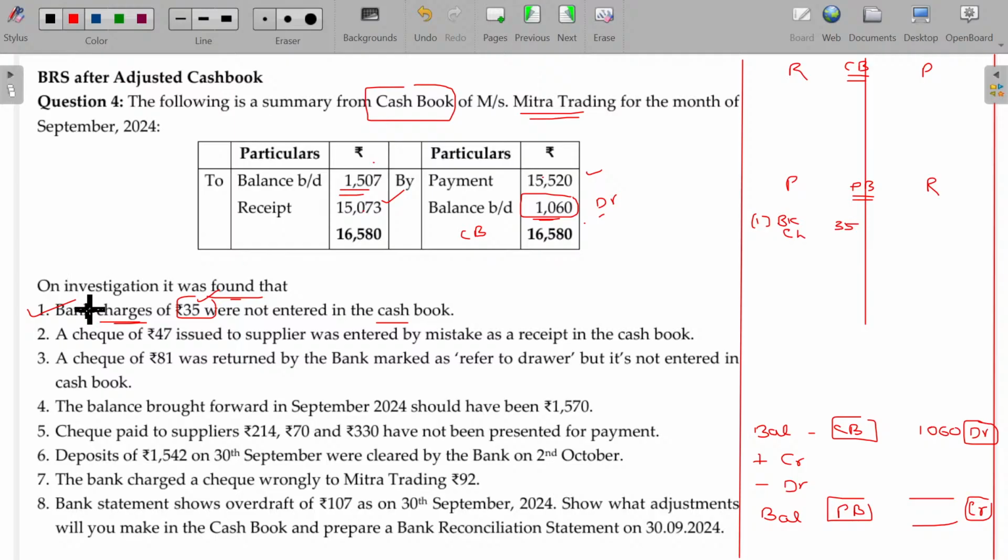Second one: a check of 47 issued to a supplier was entered by mistake as a receipt in the cash book. Very interesting one. So now it is an error as well as check related. Guess and tell me the answer. What might have been done here?